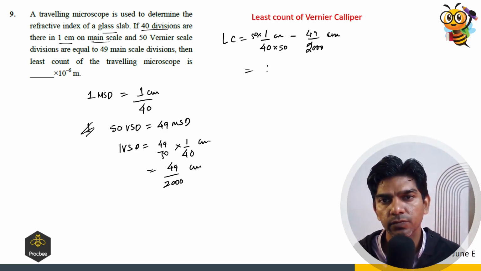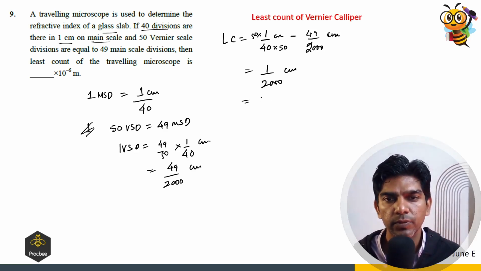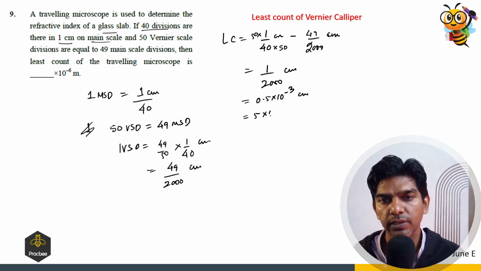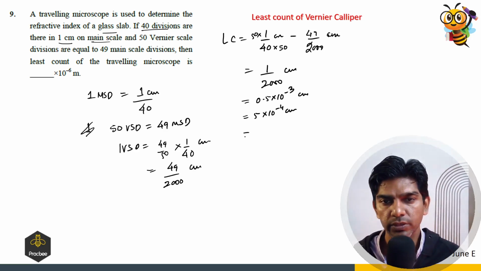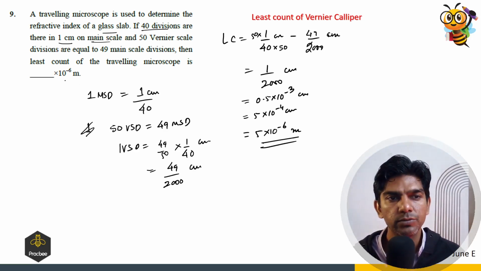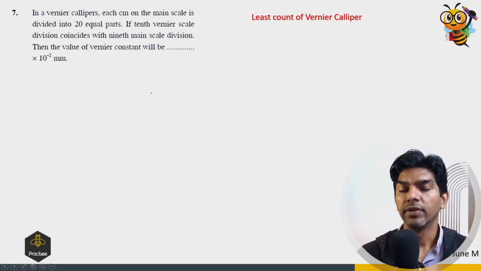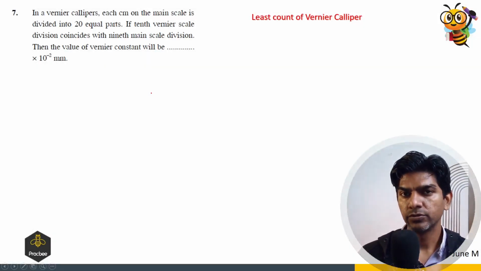So this will give us 1 by 2000 centimeter. So which is 0.5 into 10 raised to power minus 3 centimeter, or I can write this as 5 into 10 raised to power minus 4 centimeter. 1 centimeter is 10 raised to power minus 2 meters. So 5 into 10 raised to power minus 6 meters. So 5 is the answer. Now let us see another question based on the same problem type.